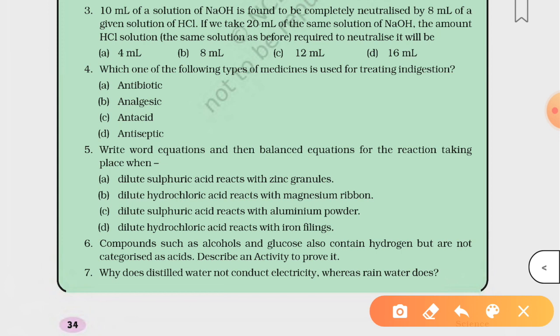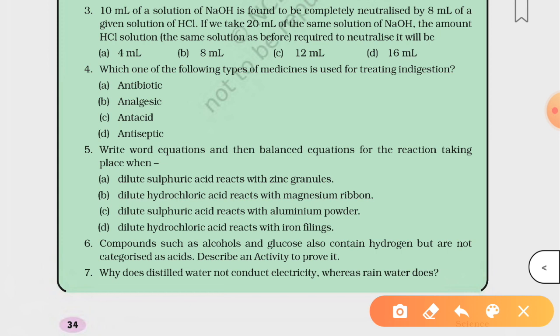So for the activity, we can show a setup in which a solution of both, glucose or alcohol, is taken in a beaker, and then we will show them as electrolyte. Then electrodes will be shown, and when electricity passes through this setup, the bulb will not glow, which signifies that this is not a conducting solution just because it doesn't release H positive ions.